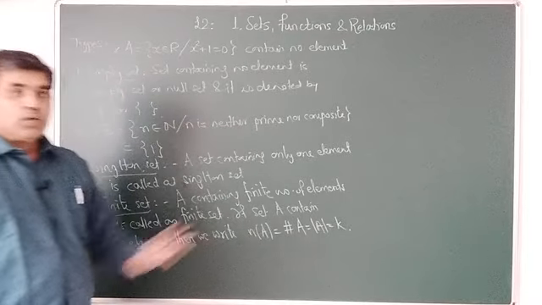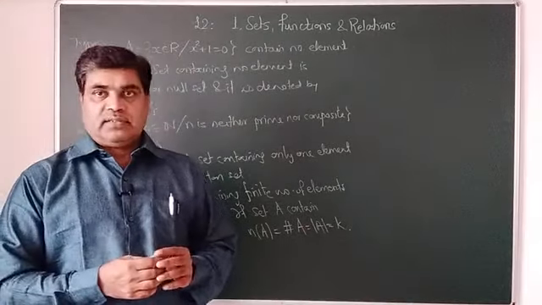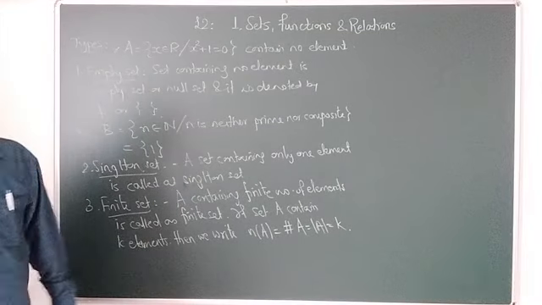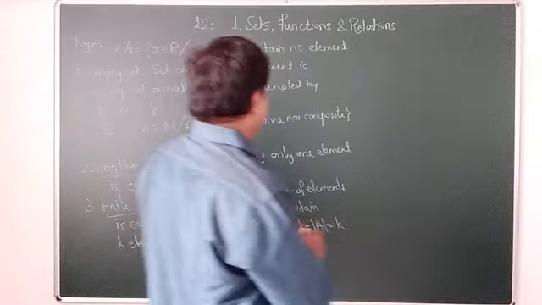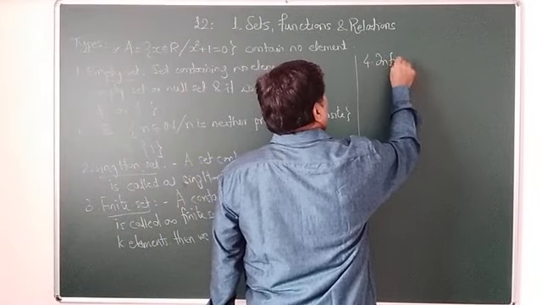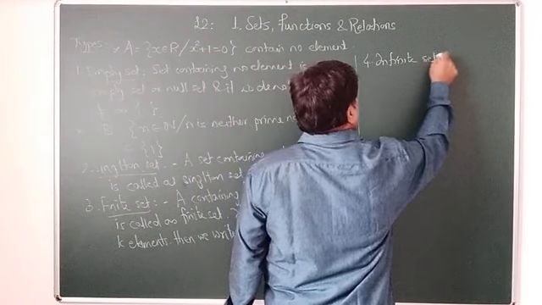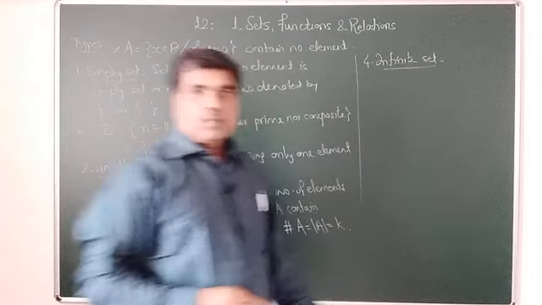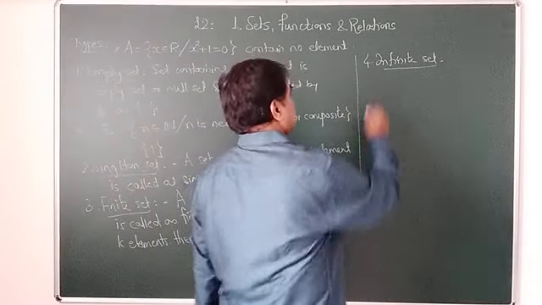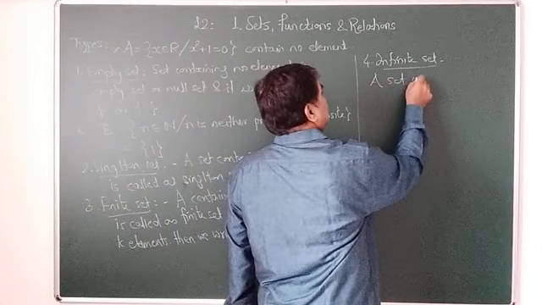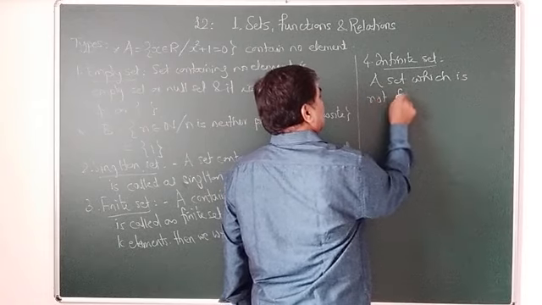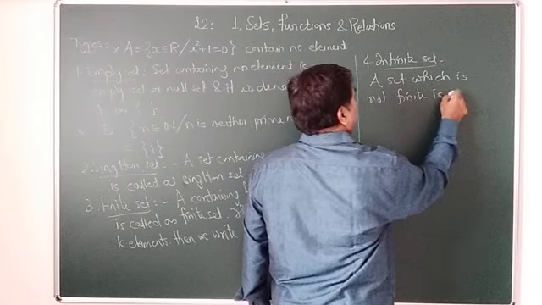So these are the notations for the number of elements in that set. Okay, finite set. Then as we come across finite sets, there must be the concept of infinite set. A set which is not finite is called an infinite set.